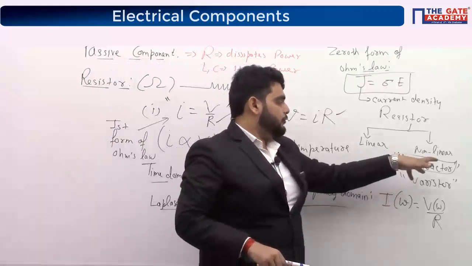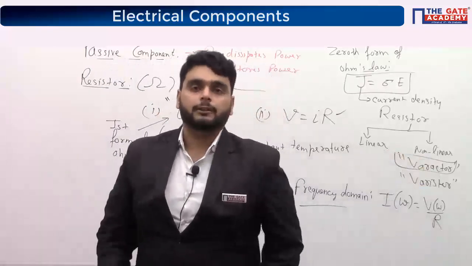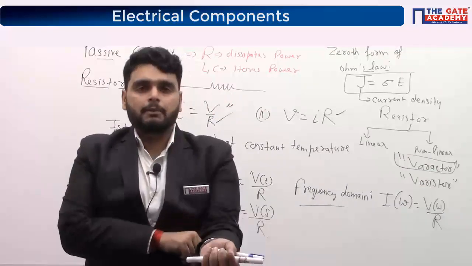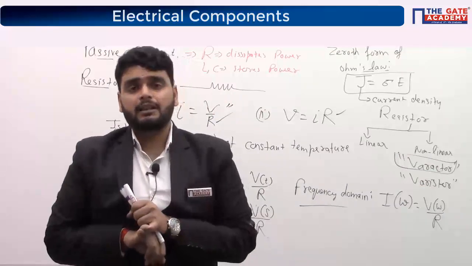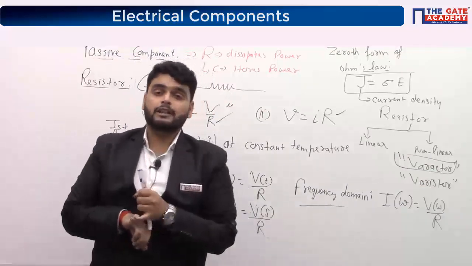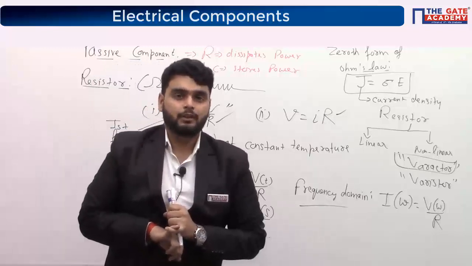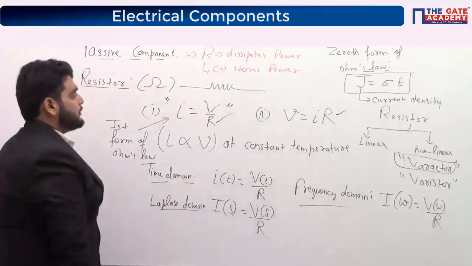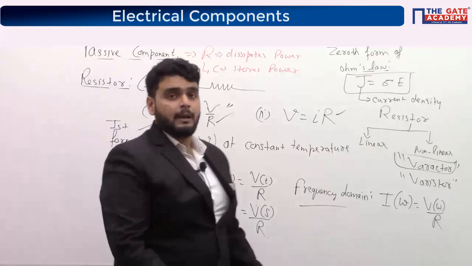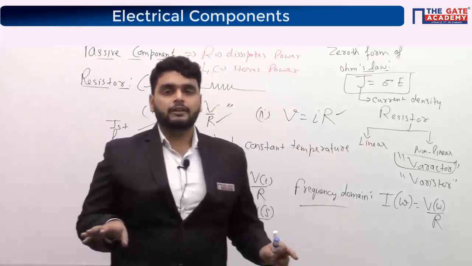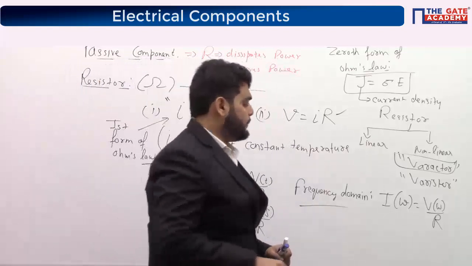The answer was the varistor. So some names you should remember. They can ask in the exam, and most importantly, they can also ask in the interview. So the varistor is the example of a non-linear resistor. But in our course, we don't have a non-linear resistor.